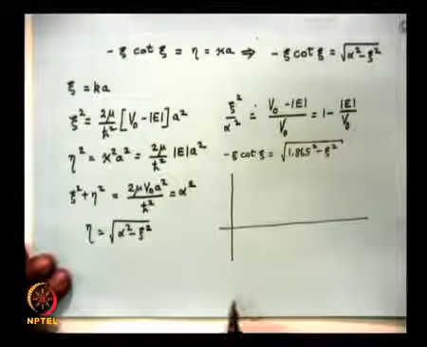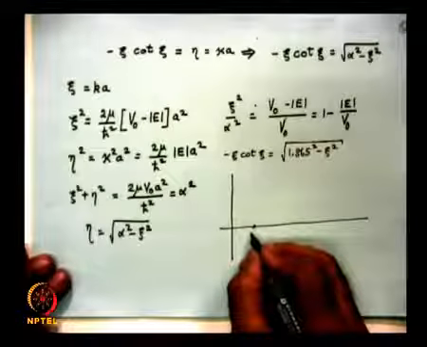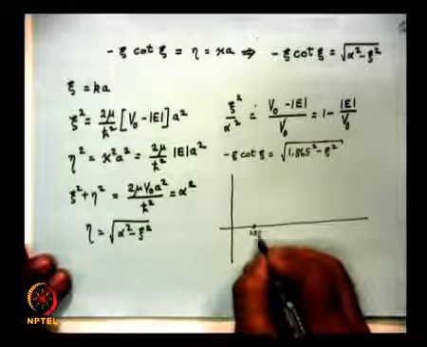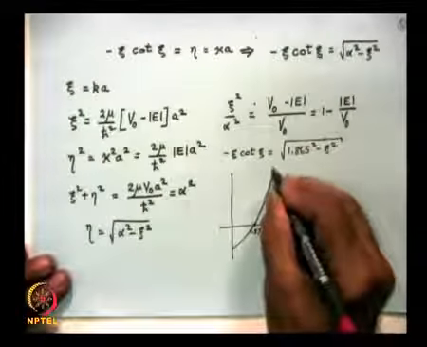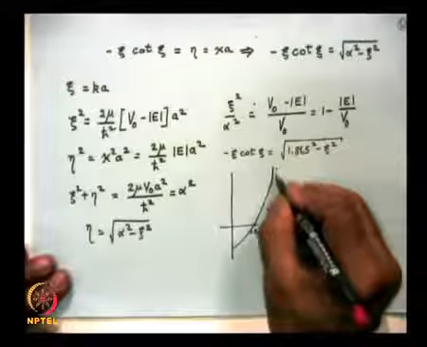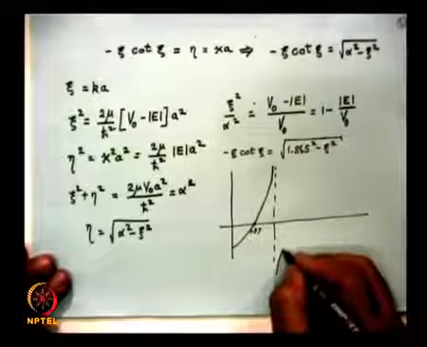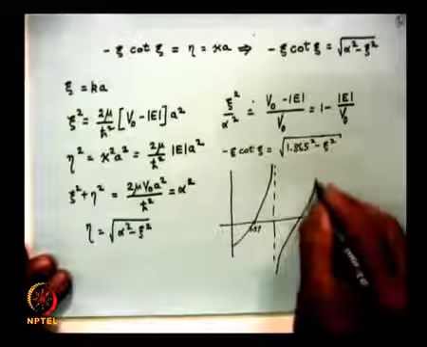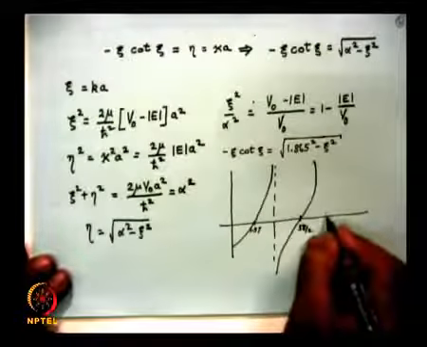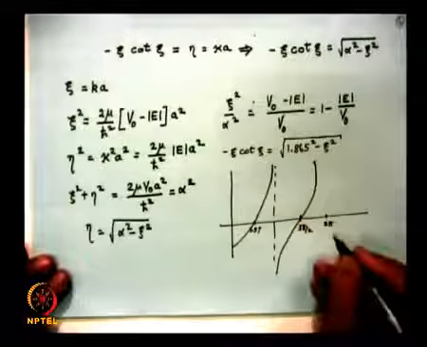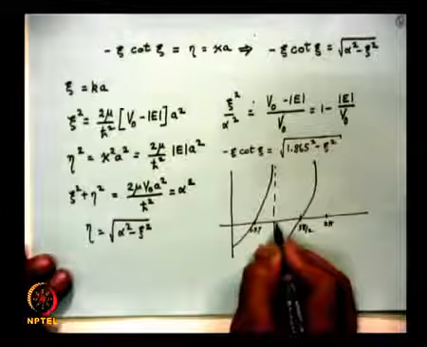So, the product tends to a finite number, and the first 0 occurs at pi by 2. Pi by 2 is about 1.57. So, it is something like this, and it becomes infinity at pi. Cot xi becomes infinity, as we had discussed earlier, and so on. So, this is 3 pi by 2, and then it goes again to infinity at 2 pi. Now, this is pi, this is 3.